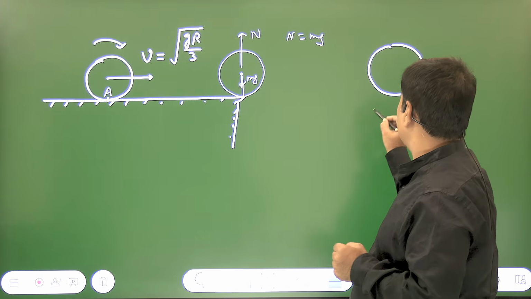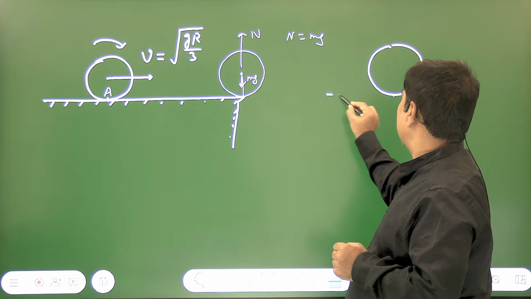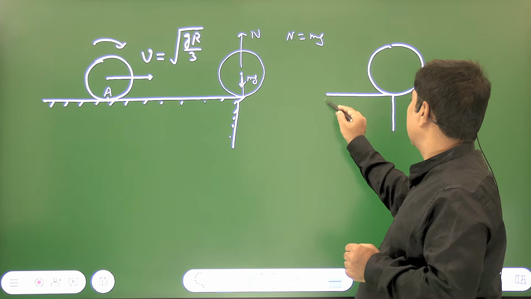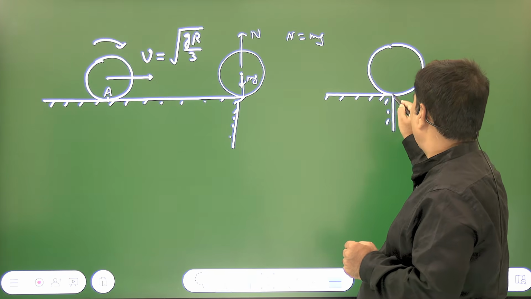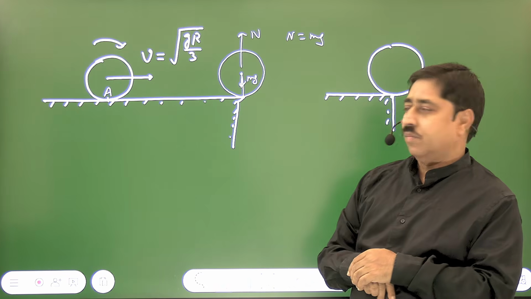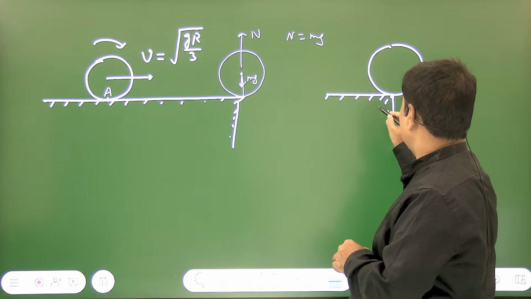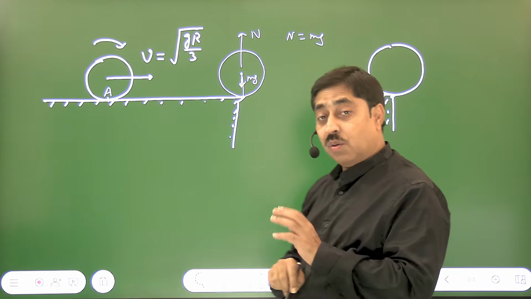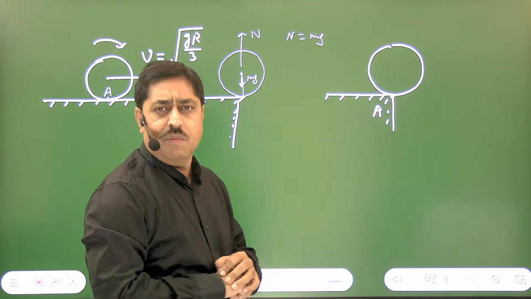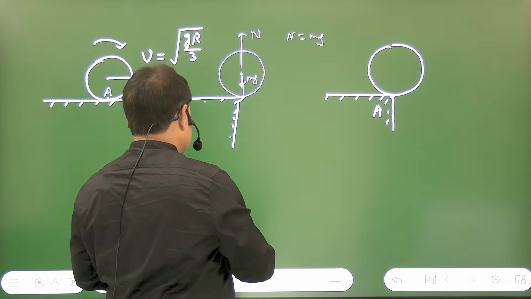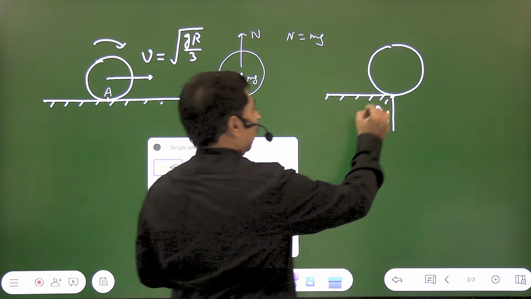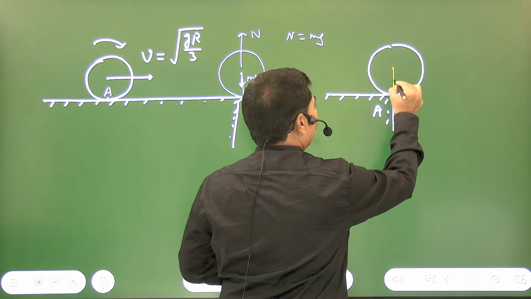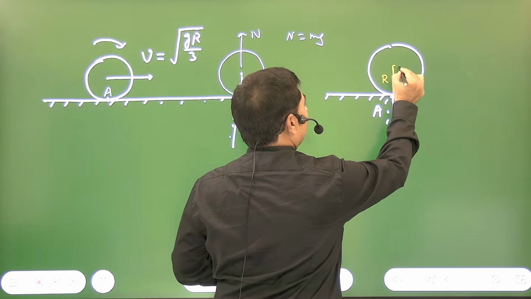Now, according to the question, if we believe it, the cylinder is rotating about this point. Shall I name this point as A? Okay, A. It is rotating about this point A. What does it mean? It means the center of mass of the cylinder is now rotating in a circle of radius r.